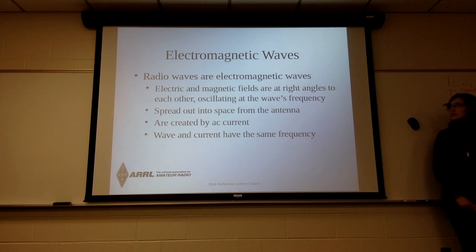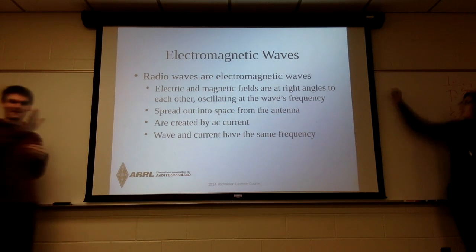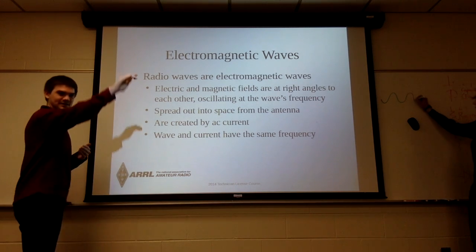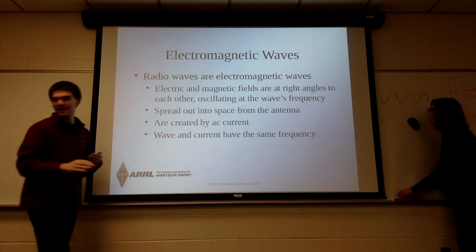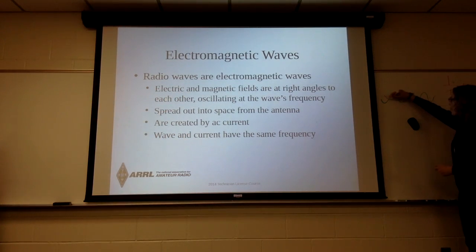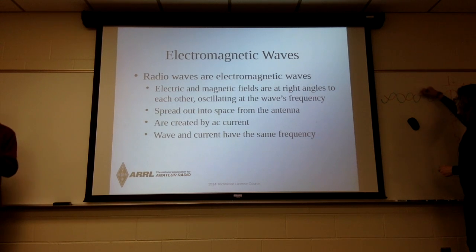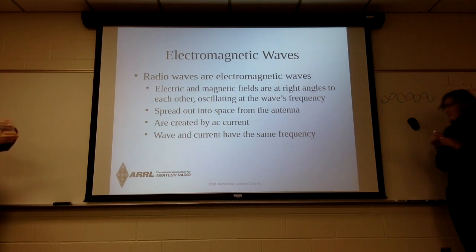If you could see a radio wave, you wouldn't actually see one thing. There are actually 2 waves going. One wave is traveling like this, and the other wave is snaking like this. One of the waves is an electric wave, and the other wave is a magnetic wave. And they're at right angles to each other, traveling.